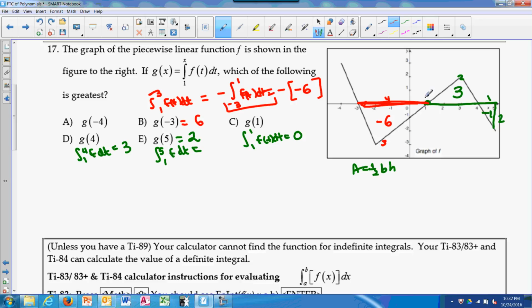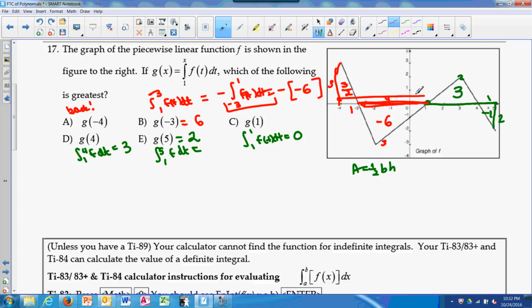Similarly, going backwards, I have a height of 3, a base of 1. 1/2 base times height makes this 3/2. But we are going backwards.